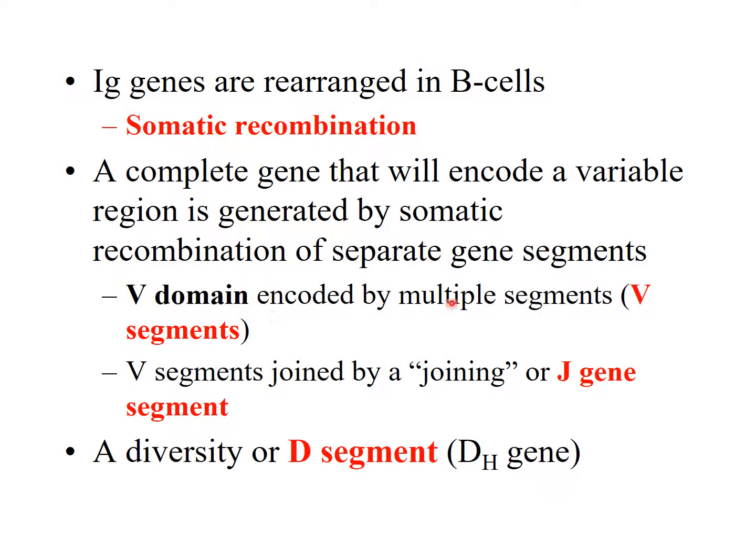The V domain is going to have multiple segments, and somehow these segments are going to be responsible for the variable. Remember the different areas of the antibody? We had the variable, we had the constant domains. Well, the V domain is responsible for what we think of as the variable domains.